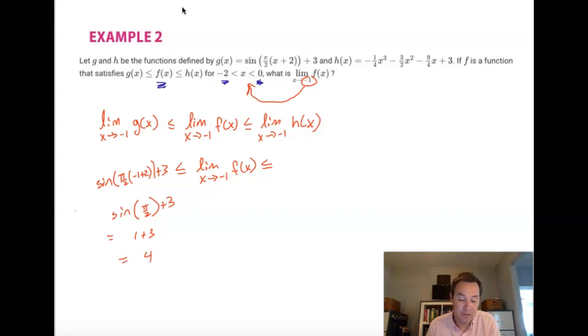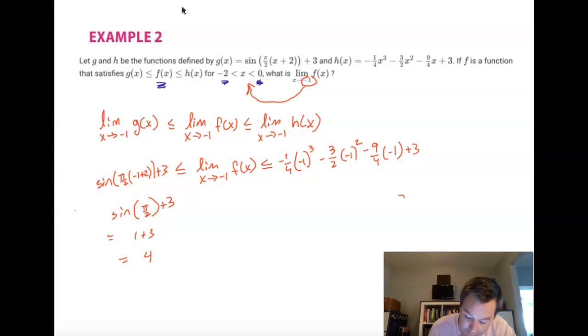Okay, let's move to the other one. So for h, if I do a direct substitution, I get negative 1/4 times negative 1 cubed minus 3 halves times negative 1 squared minus 9/4 times negative 1 plus 3. All right. So what is that?